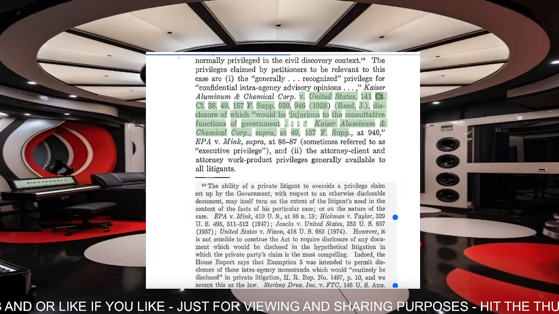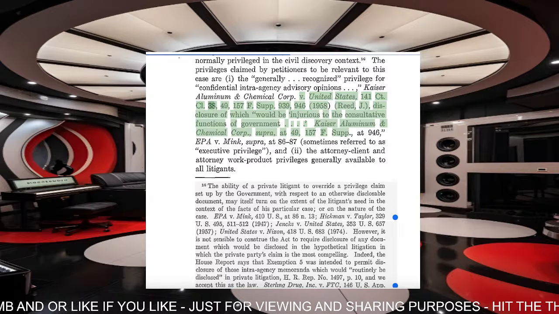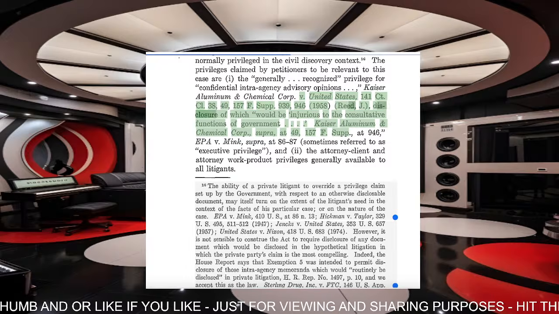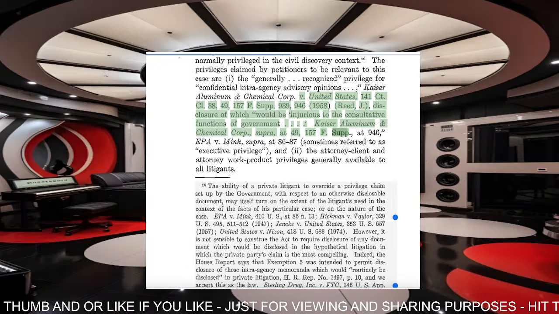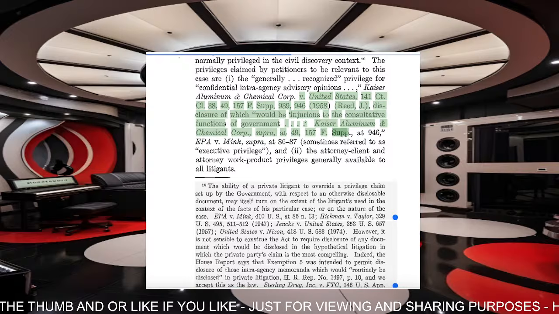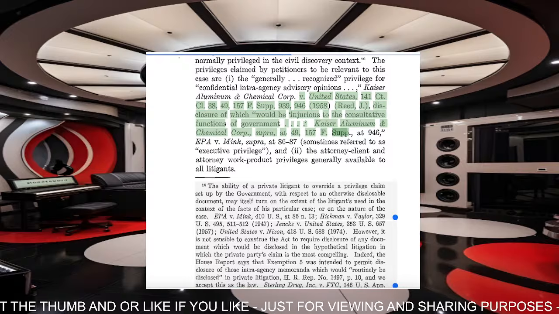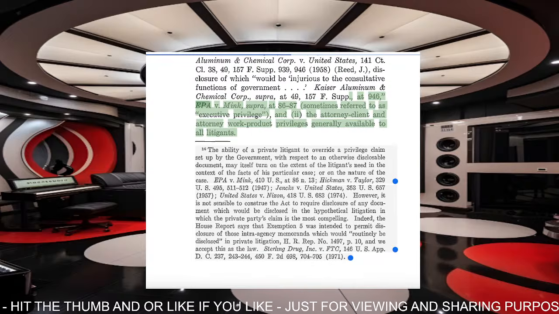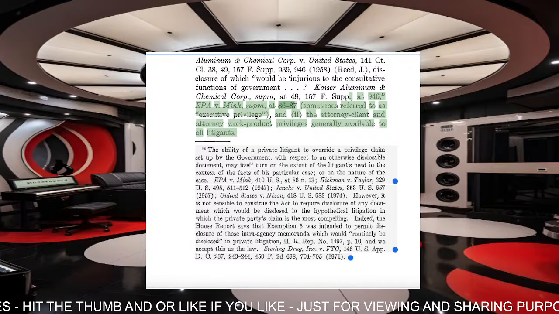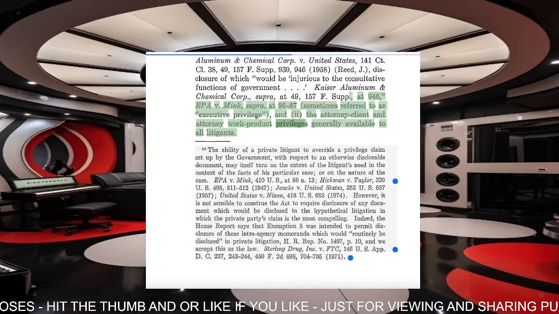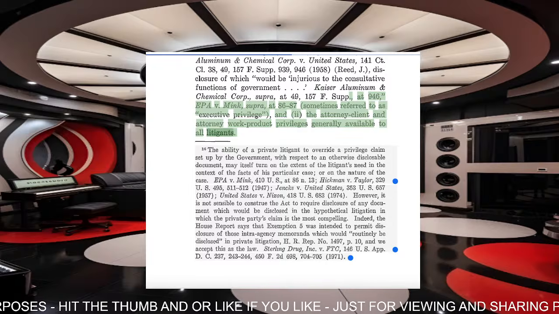Cl. 38, 49, 157 F. Supp. 939, 946, disclosure of which would be injurious to the consultative functions of government, Kaiser Aluminum, supra at 49, 157 F. Supp. at 946, EPA v. Mink, supra at 86 to 87, and the attorney-client and attorney work product privileges generally available to all litigants.